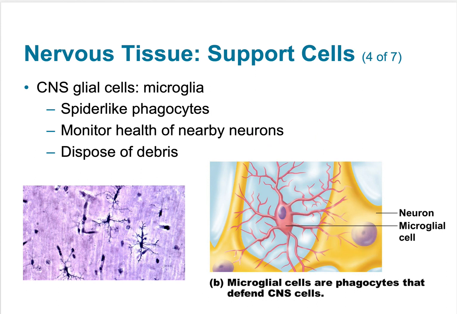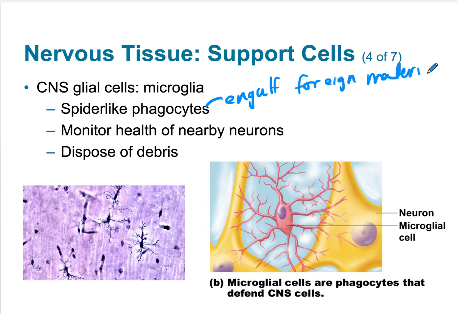These are kind of the immune system found within nervous tissue. They are spider-like, and you can see them here. They almost look like little osteocytes. They are phagocytes, and if you remember, a phagocyte can engulf foreign material.